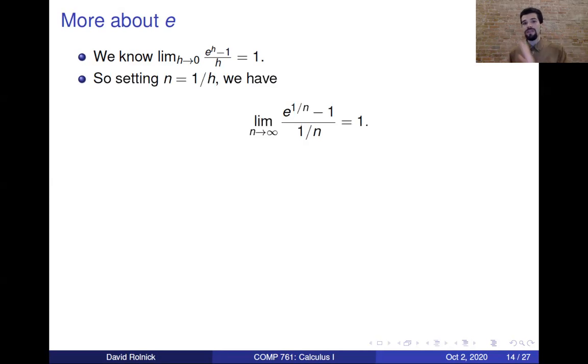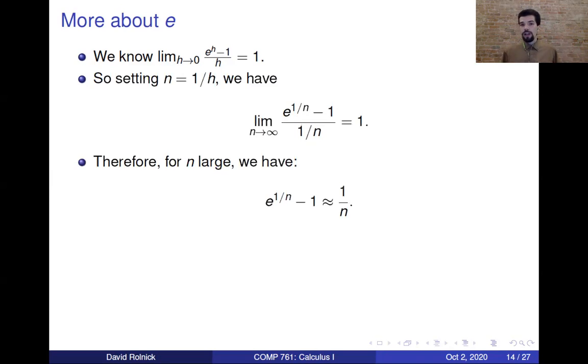So when h is going to 0, n is going to 1 over 0, so infinity. Okay, so let's write this as the limit as n goes to infinity, just doing the substitution h equal to 1 over n, of e to the 1 over n minus 1 over 1 over n. So this is just the same thing, rewritten with n equal to 1 over h.